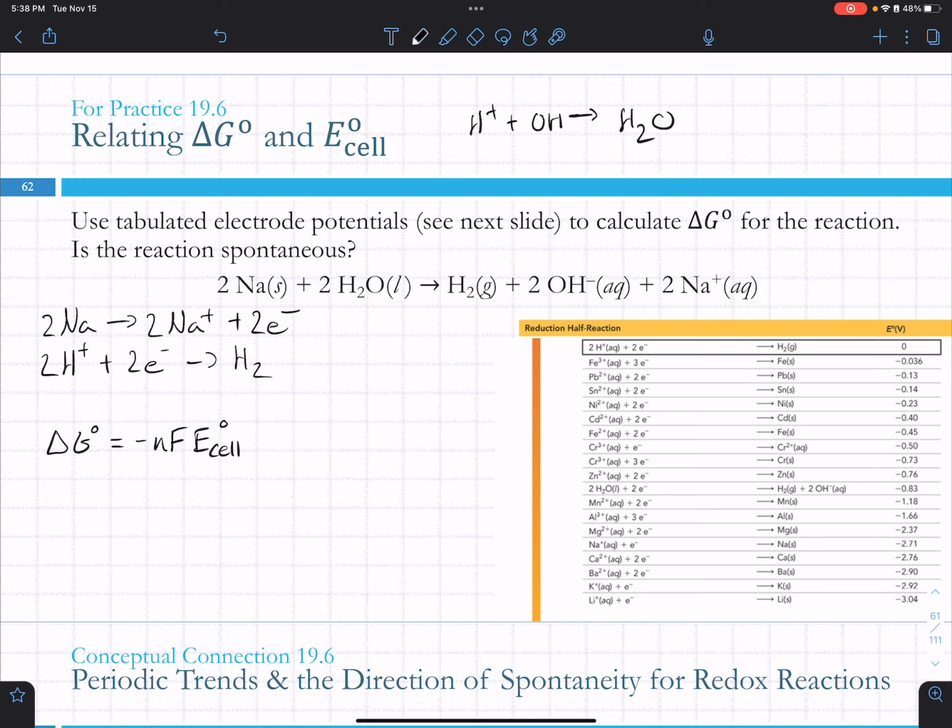So I guess I said it already, but which one's being reduced? Hydrogen. So hydrogen's gaining 2 electrons. You have to read these from left to right. Hydrogen gains 2 electrons to become H2.